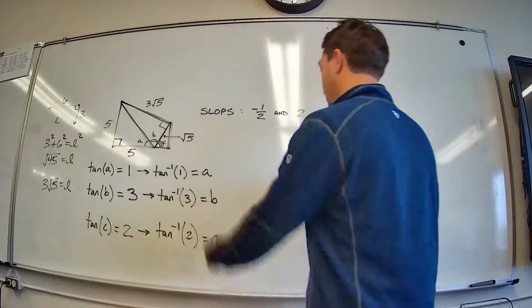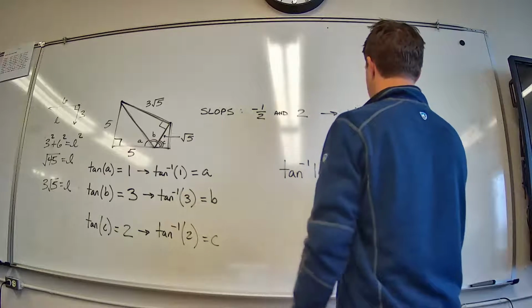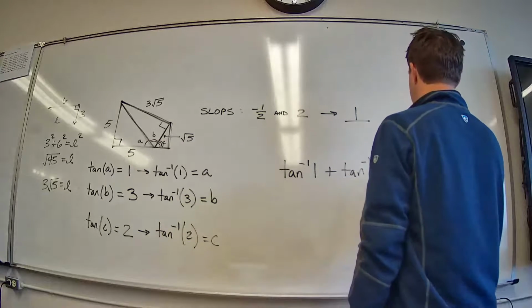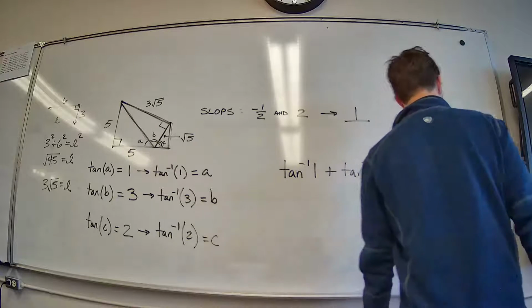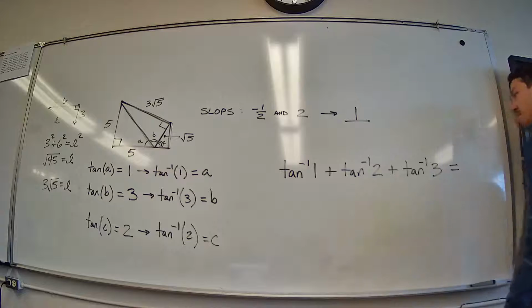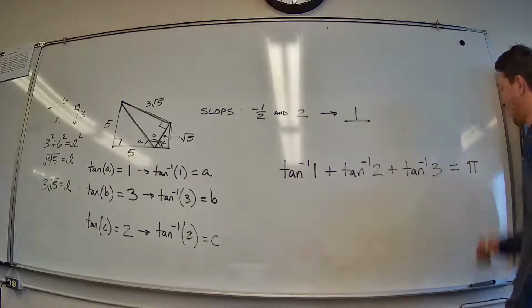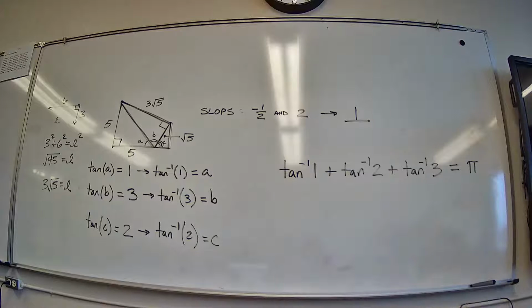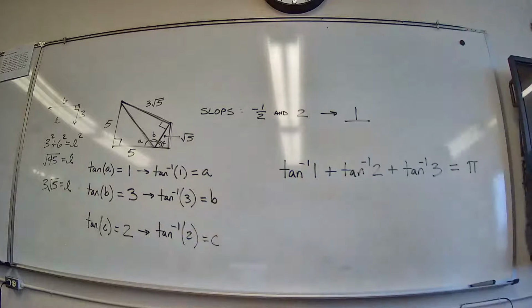The inverse tangent of 1 plus the inverse tangent of 2 plus the inverse tangent of 3 equals 180 degrees or pi. Wow. Isn't that wacky? Whoa. That's a little wacky.